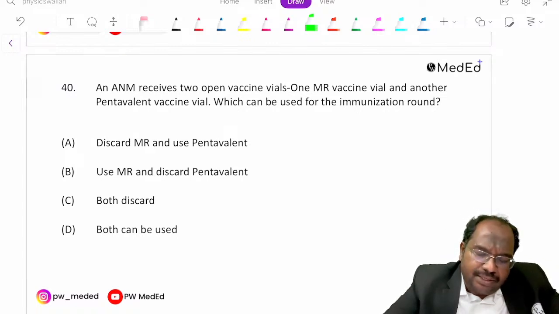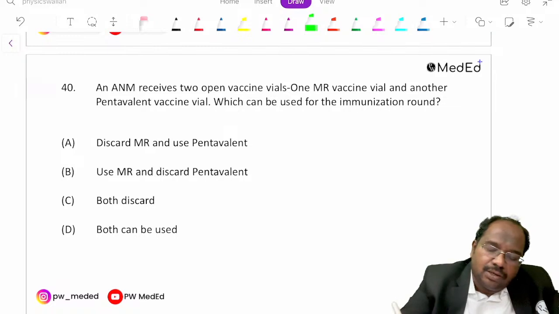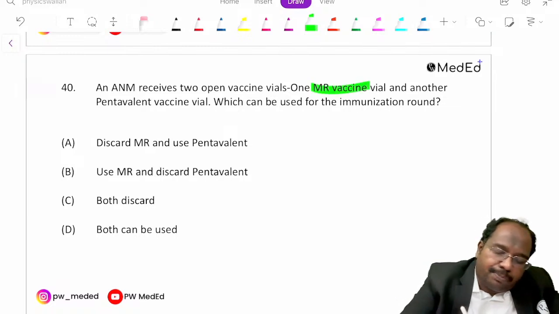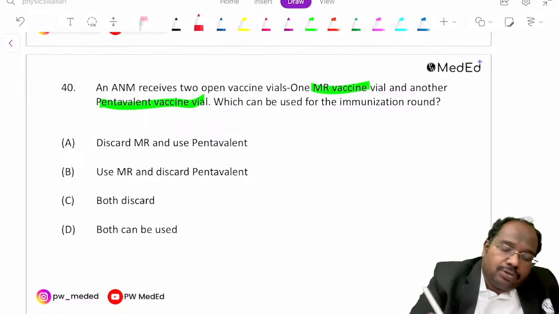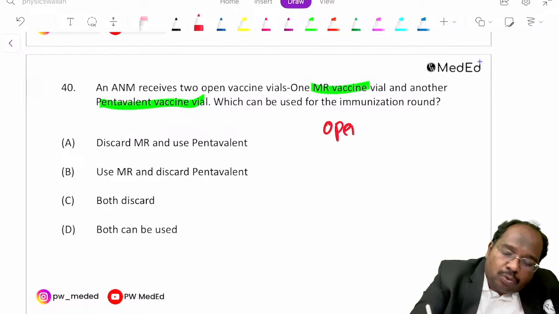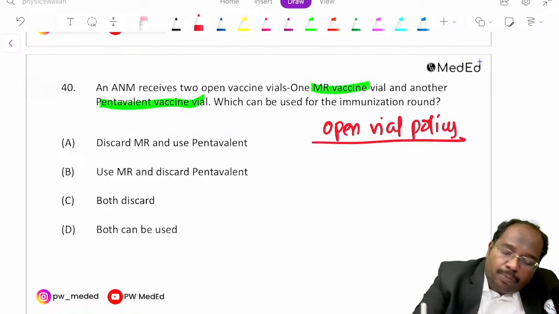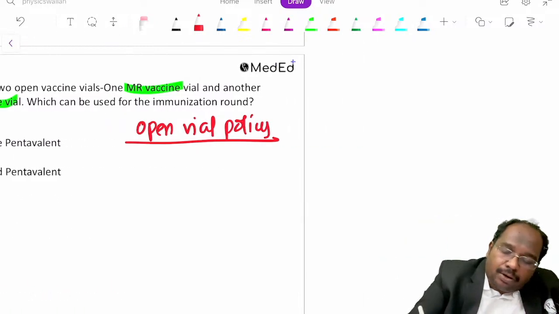The ANM receives 2 open vials, one MR and another pentavalent. Which can be used for the next immunization round? This concept is called the open vial policy.